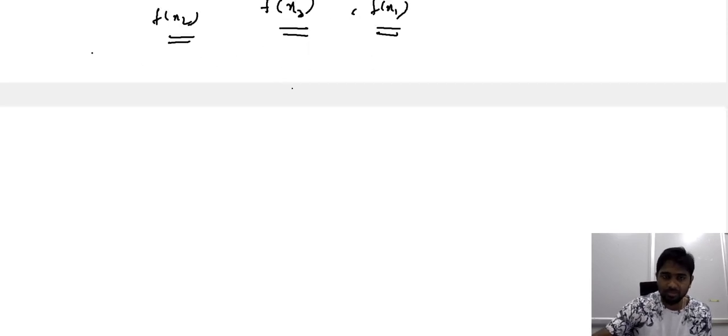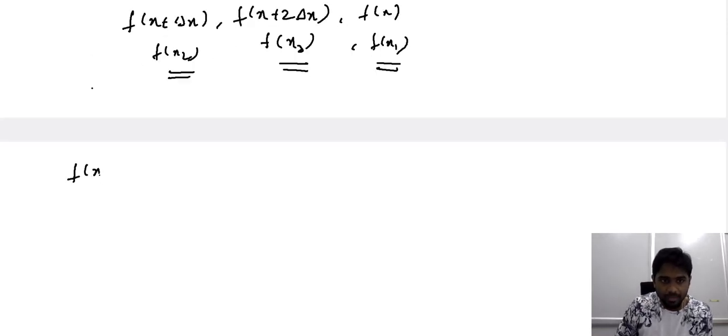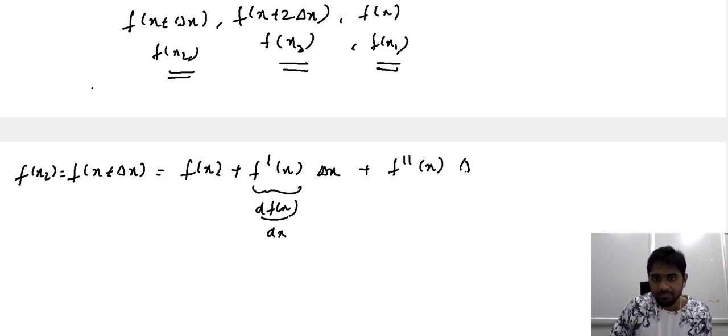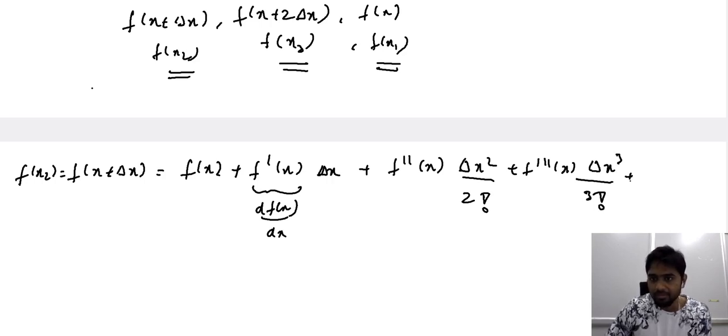When you consider f of x plus delta x, which is f of x2, this can be written as f of x plus f prime of x delta x, plus f double prime of x, the second derivative of f, delta x square by 2 factorial, plus f triple prime of x delta x cube by 3 factorial, and so on.